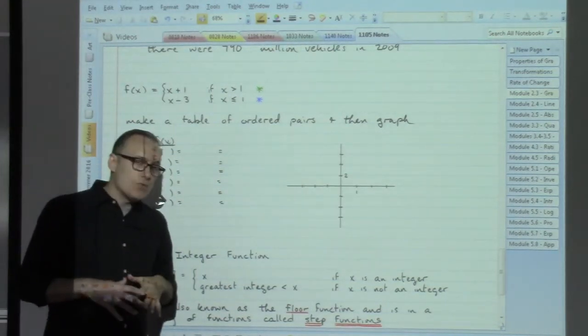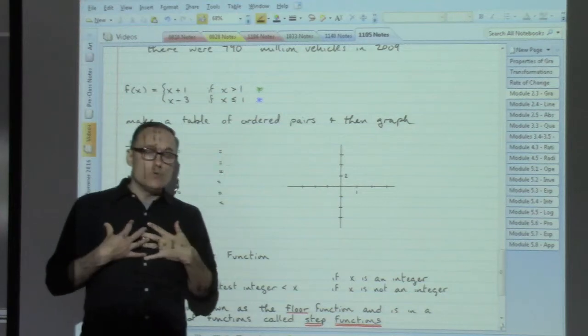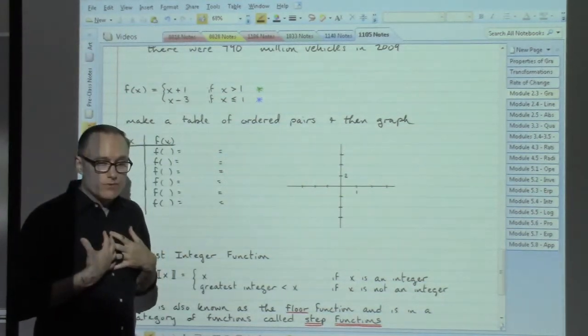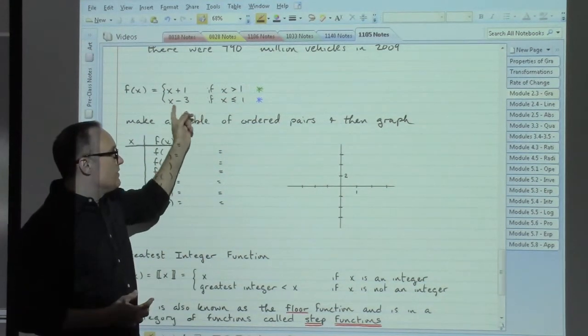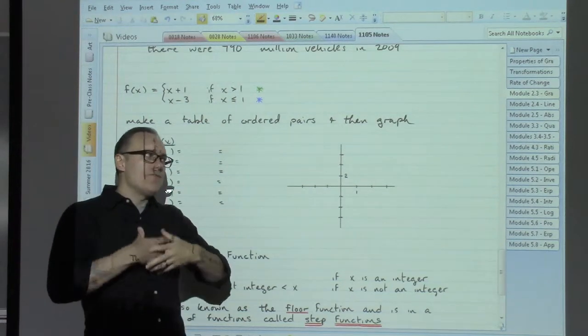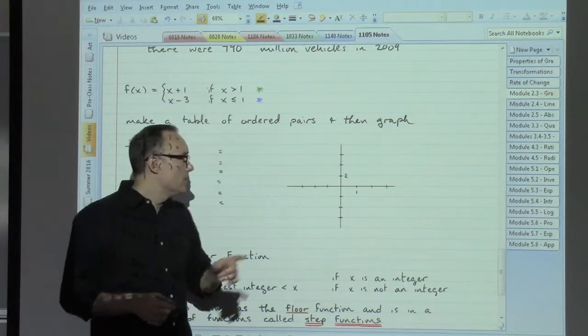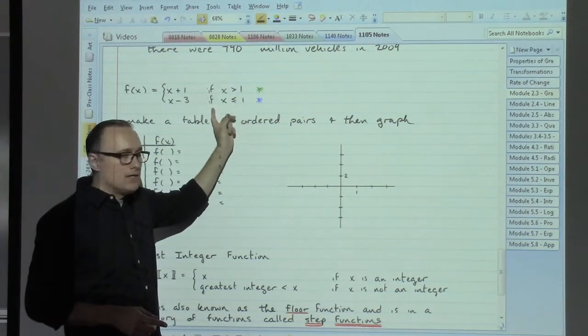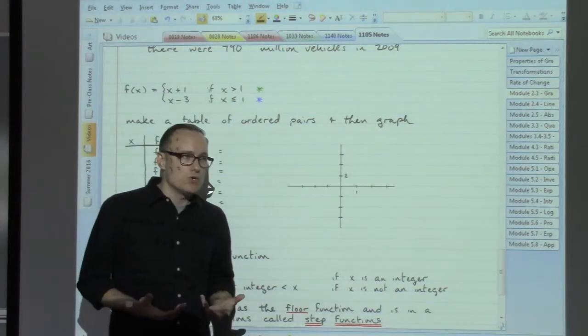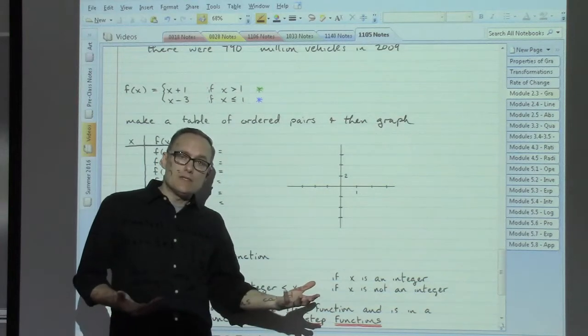One of the other things that we can do as well is use our graphing skills with those individual pieces and say, if I draw in the full graph of each of those, cool. But the conditions tell us we're only supposed to be using those drawings in certain places.